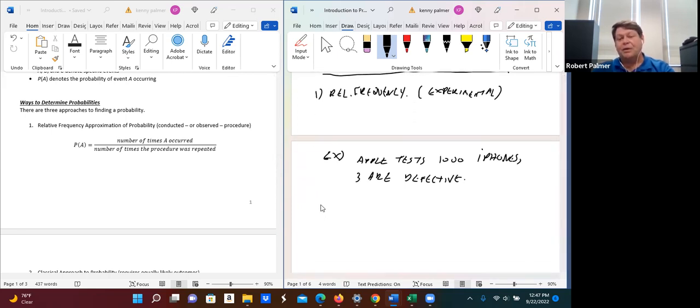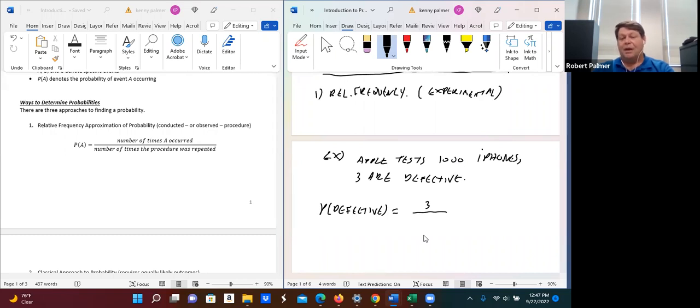Okay, so then the probability of being defective is going to be the number of times something occurred, a defect occurred, which is 3, divided by the number of times the procedure is repeated. So let's say you're testing these things as they come off the assembly line.